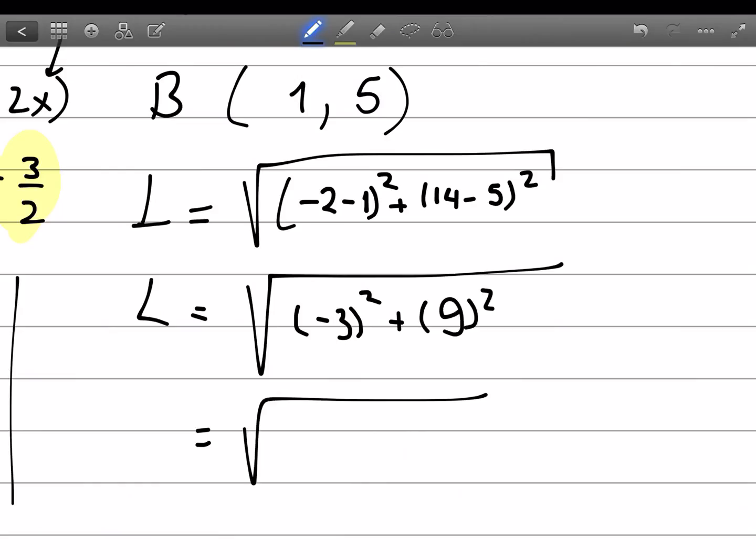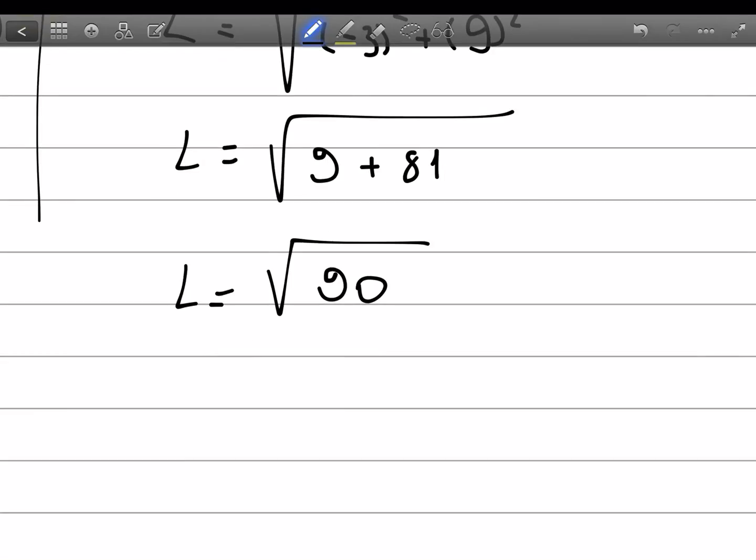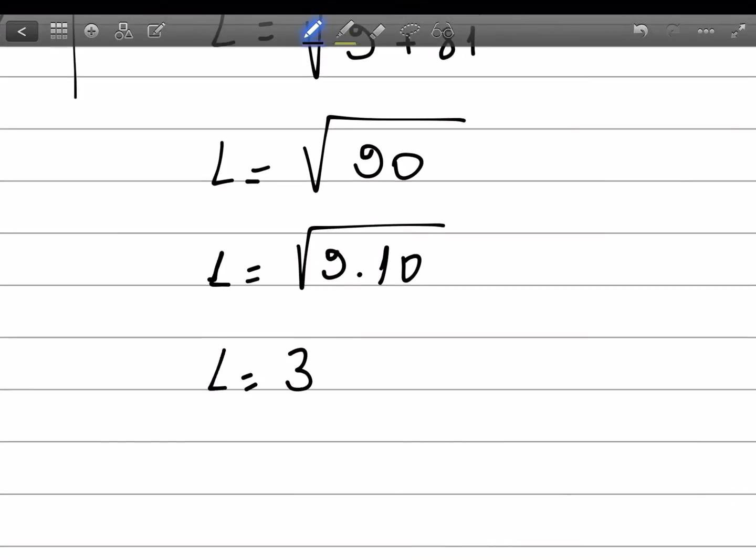Then we have 9 plus 81, and length will be root of 90, and we have 9 times 10, so the length is 3 times root 10.